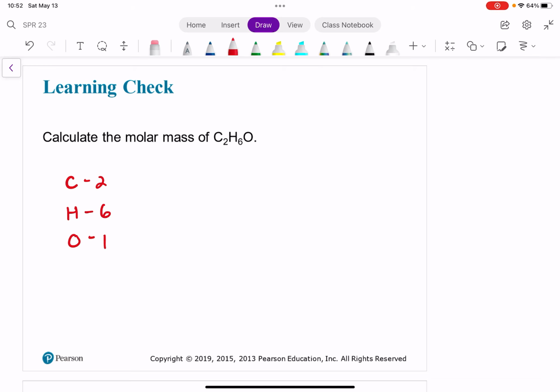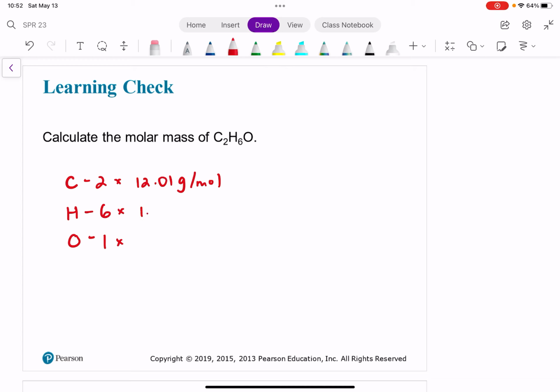Okay, so now carbon. What is carbon's atomic mass number? Look on the periodic table. What is it? Yeah, it's 12.01 grams per mole. What about hydrogen?